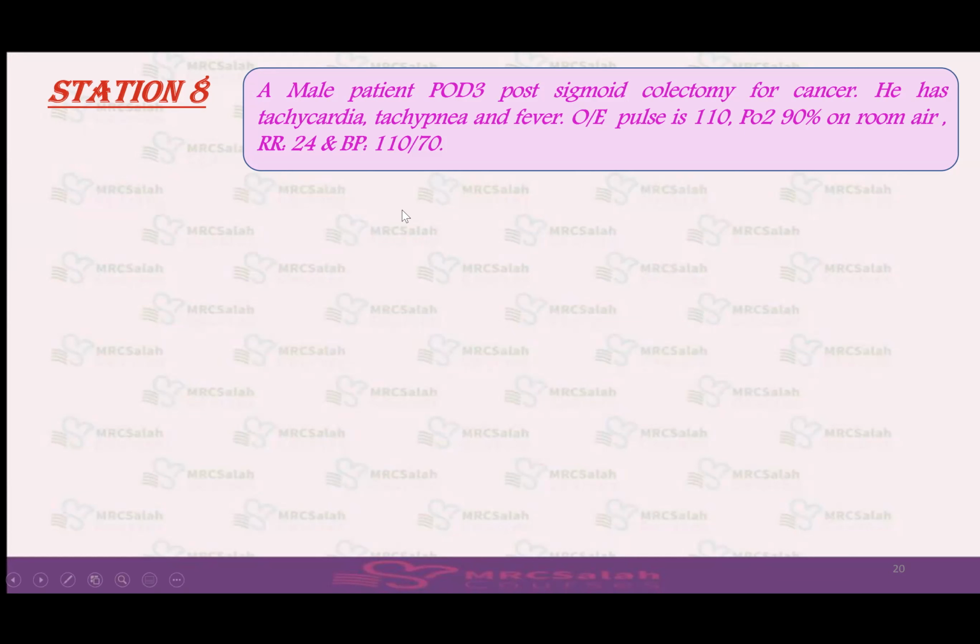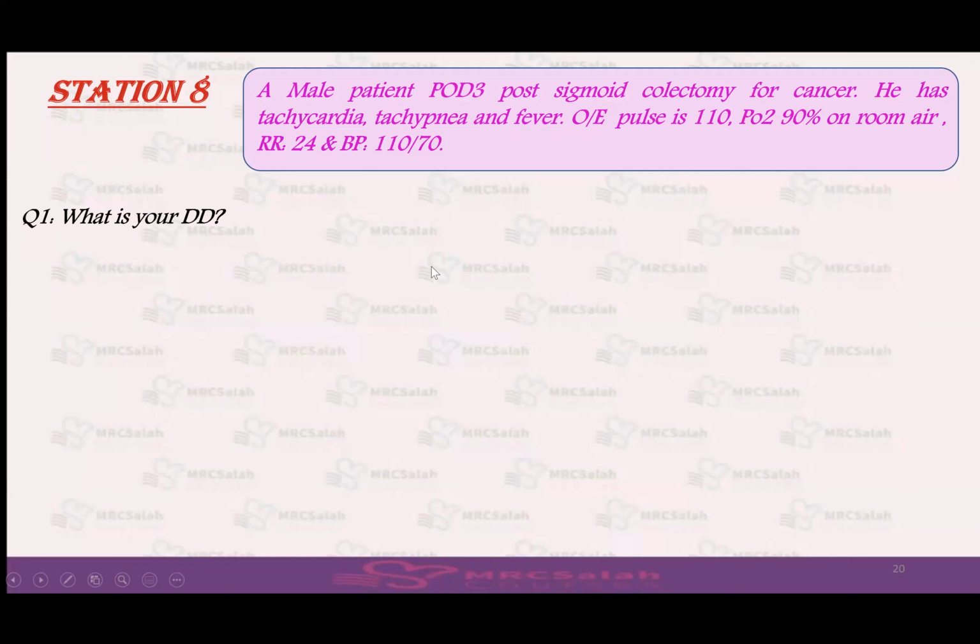Your stem is a male patient, post-operative day 3, post-sigmoid colectomy for cancer. He has tachycardia, tachypnea, and fever. On examination, his pulse is 110, oxygen saturation is 90%, respiratory rate is 24, and blood pressure is 110/70.